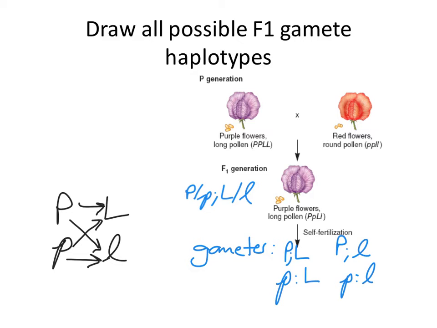So an individual dihybrid will make 4 types of gametes, 4 haplotypes, and if you cross 2 dihybrids together, or self one, you expect 4 different phenotypes, the 4 different combinations of the traits. So there's a lot of 4 going on here. 4 different phenotypes produced by this F1 plant in its offspring. It makes 4 different haplotypes of gametes.